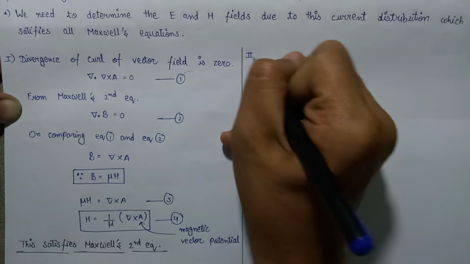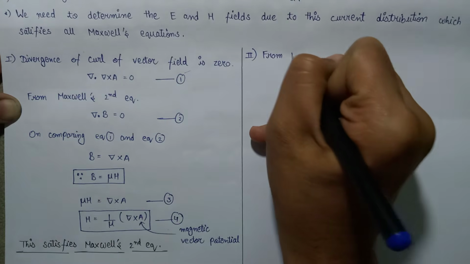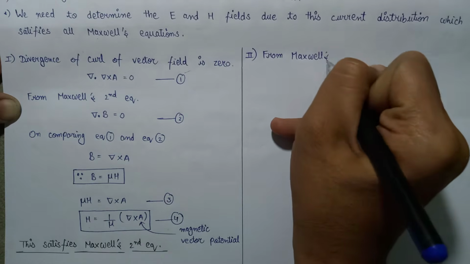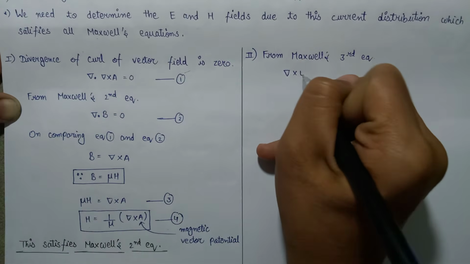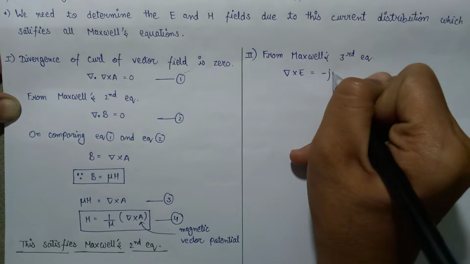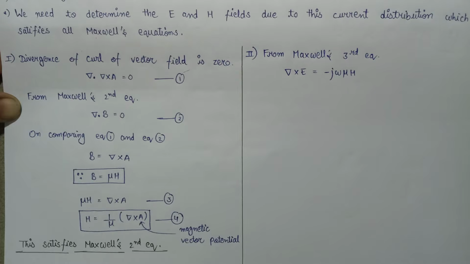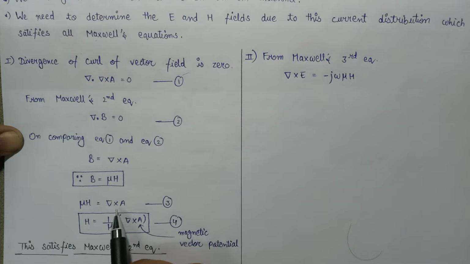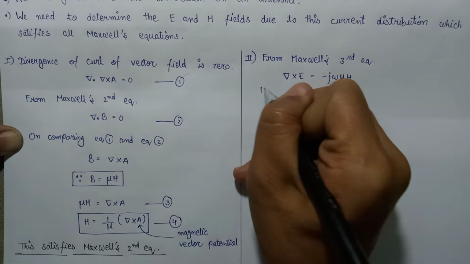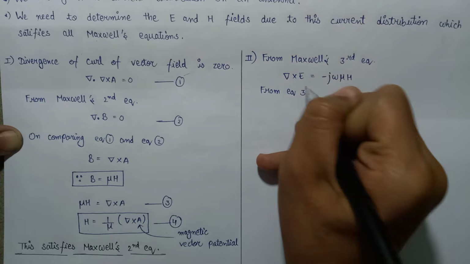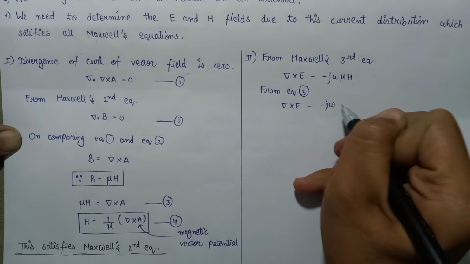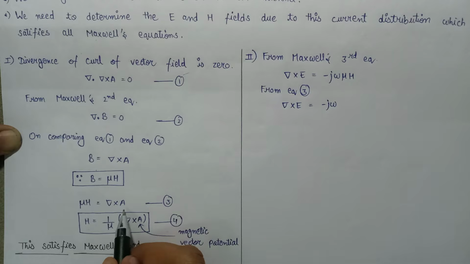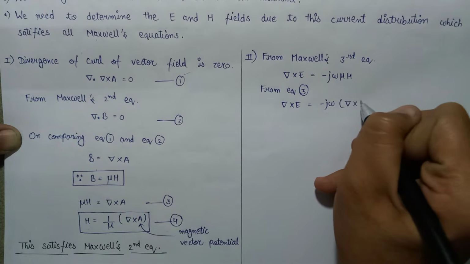We know that from Maxwell's third equation, del cross E will be equal to minus j omega mu H. And also from equation number 3, the value of mu H is nothing but del cross A. So from equation number 3, del cross E will be equal to minus j omega, and in place of mu H we write del cross A.